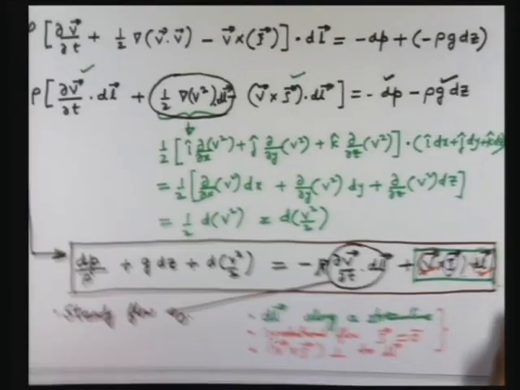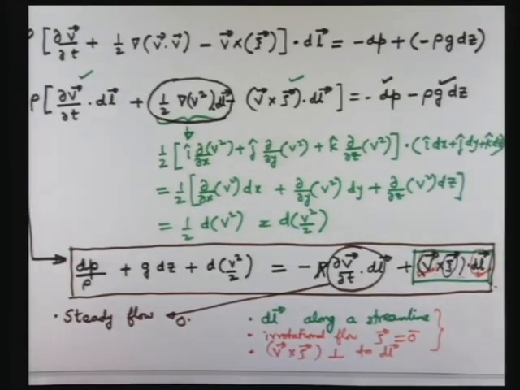I will consider an example 3 here, again coming back to this equation. Now let us say that you have a flow along a streamline but unsteady flow.